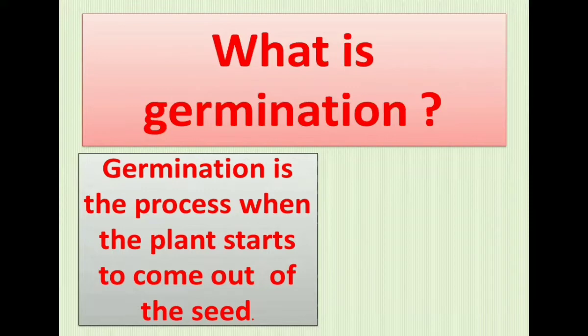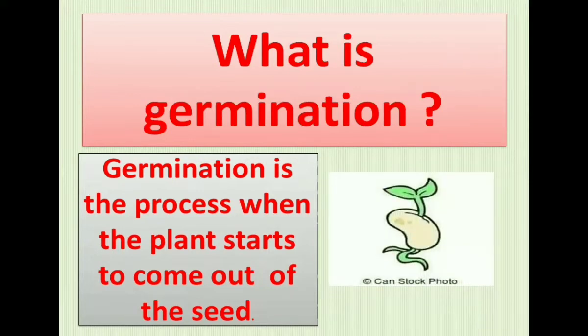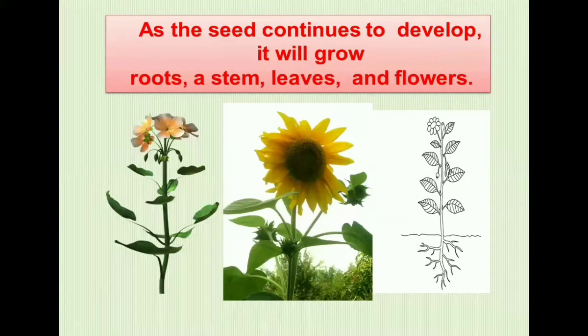And the name of the process is germination. As the seed continues to develop, it will grow roots, a stem, leaves, and flowers. What are roots, stem, leaves, flowers? They are the parts of the plant.